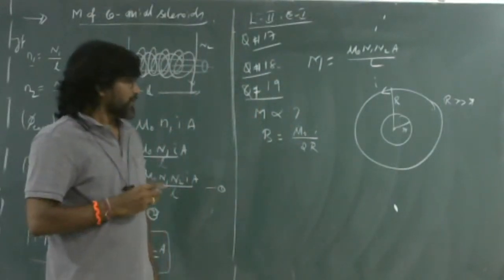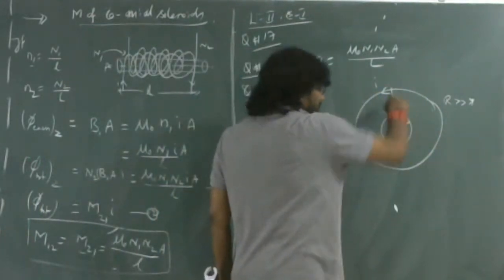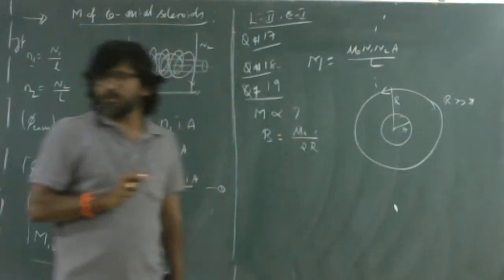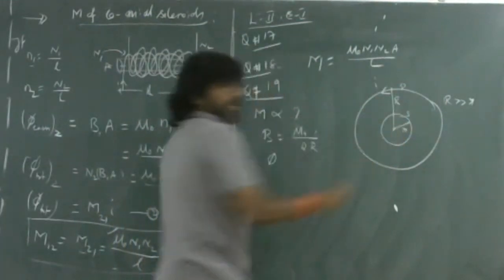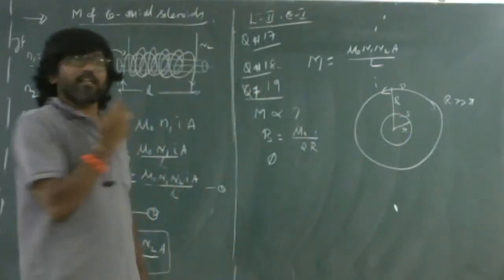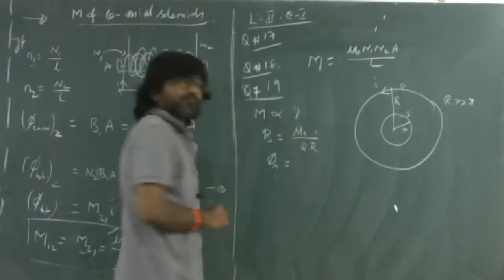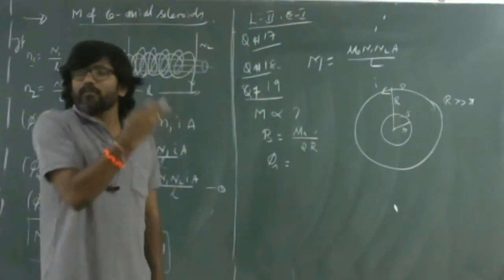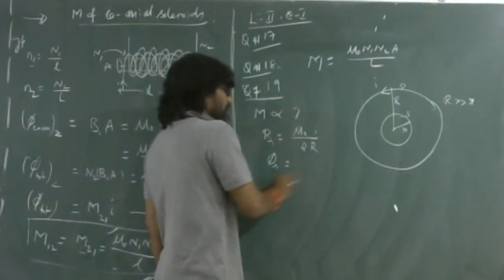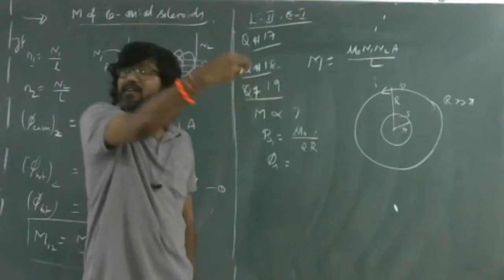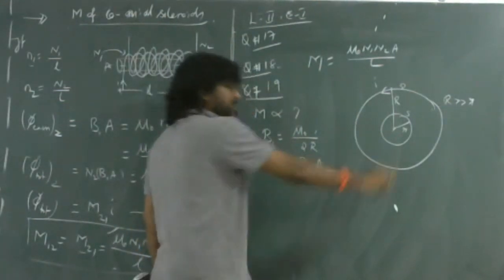Because of the current in this, the flux will be linking with this coil. This is the primary coil and this is the secondary coil. Flux linking with the secondary coil is equal to B into A: the B field due to the primary coil into the area of the secondary coil.